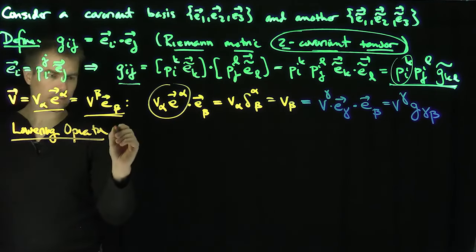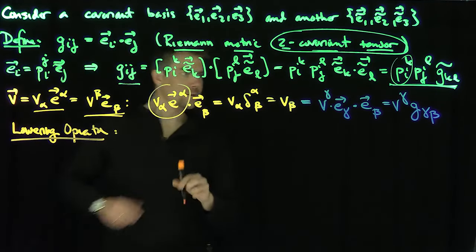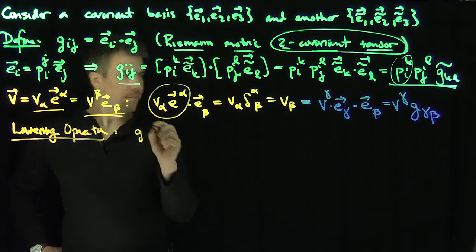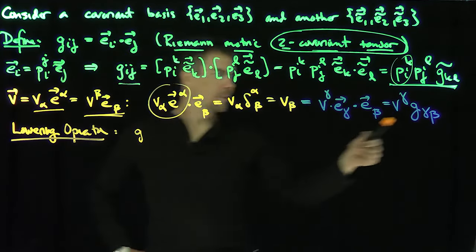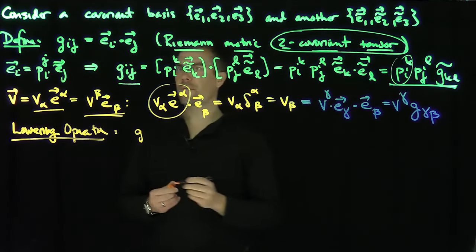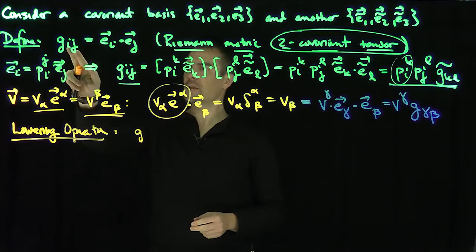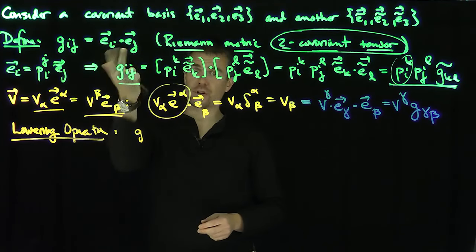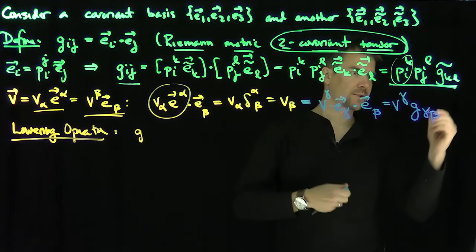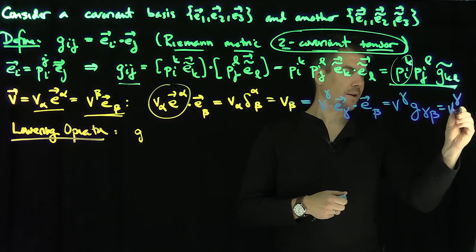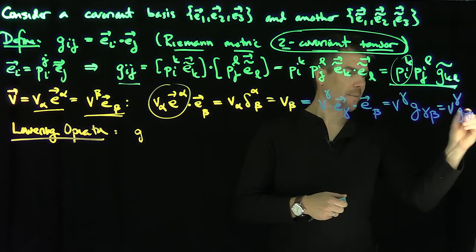Okay. What does that tell me? That tells me that if I look at G, I'm going to use the fact that one thing we failed to mention over here is that this thing is commutative. If I change I and J, nothing changes because the dot product is commutative. So I can also write this as V gamma and then G beta gamma like this.